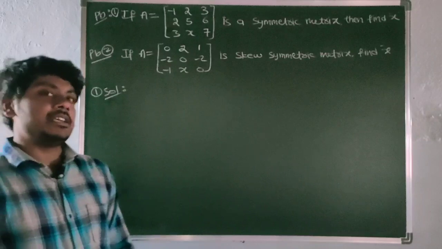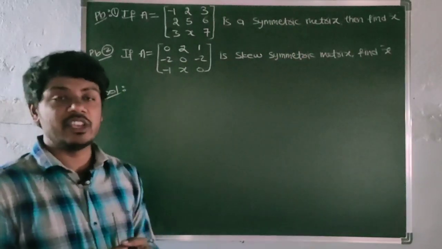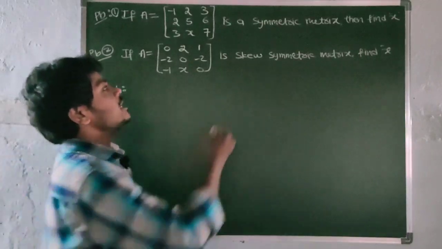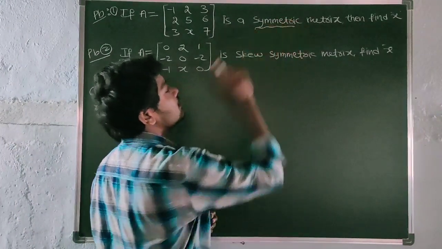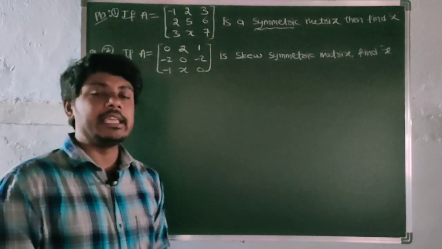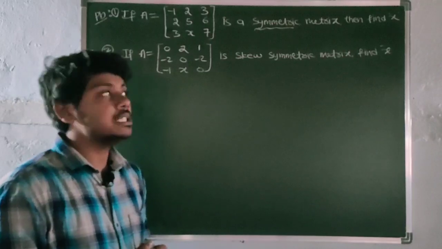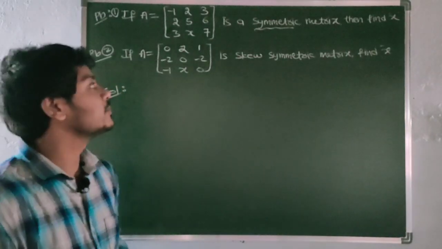So matrix A is given, that is a symmetric matrix. Then find the X. So what is meant by a symmetric matrix? If A is any square matrix, then A transpose is equal to A. Then A is called a symmetric matrix.